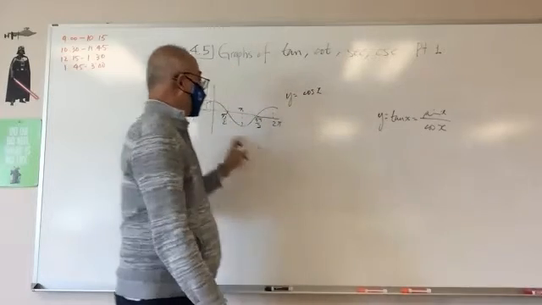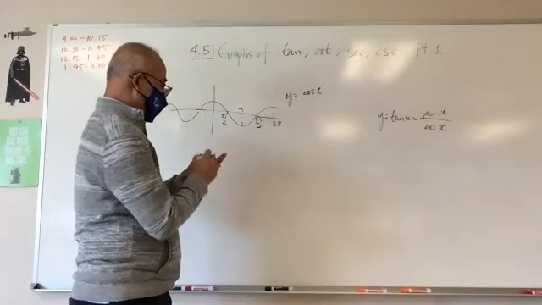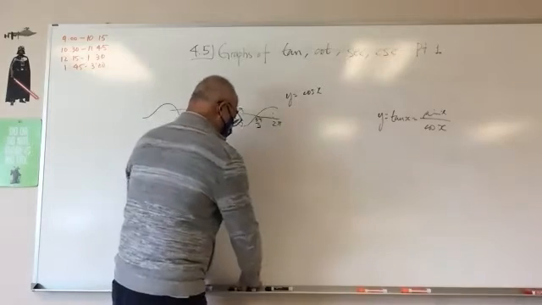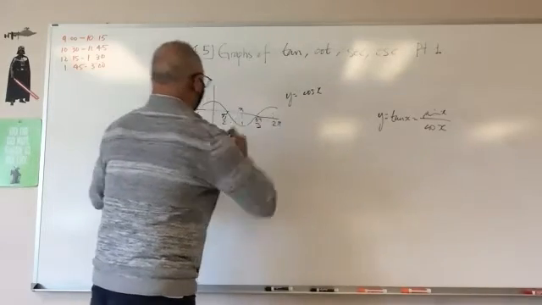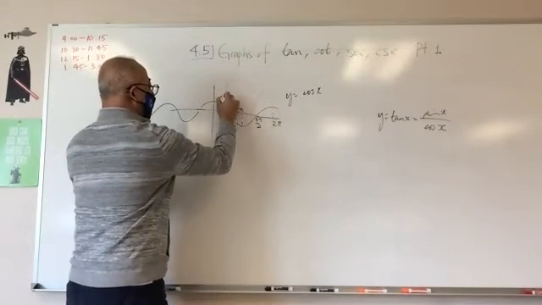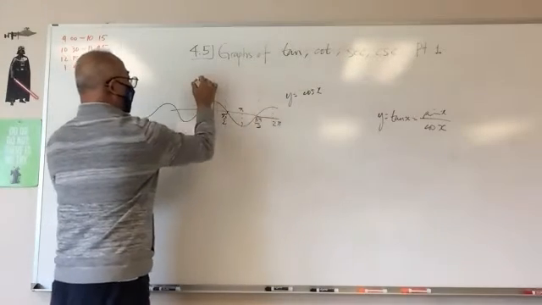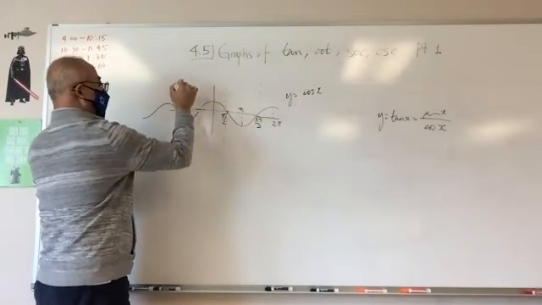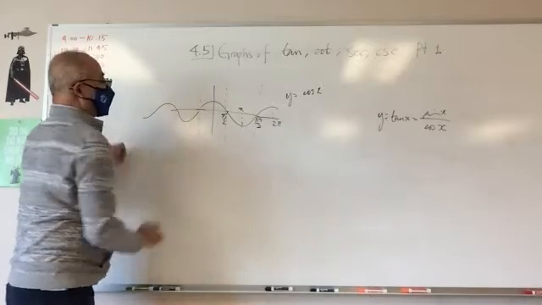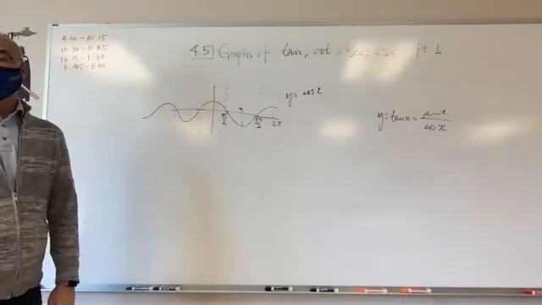Okay, so this is the cosine graph, which means that the tangent graph is going to have asymptotes when this guy is 0. Every 0 point, I'm going to have an asymptote.